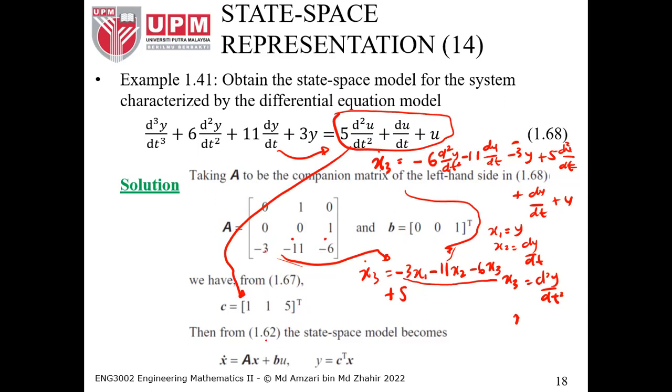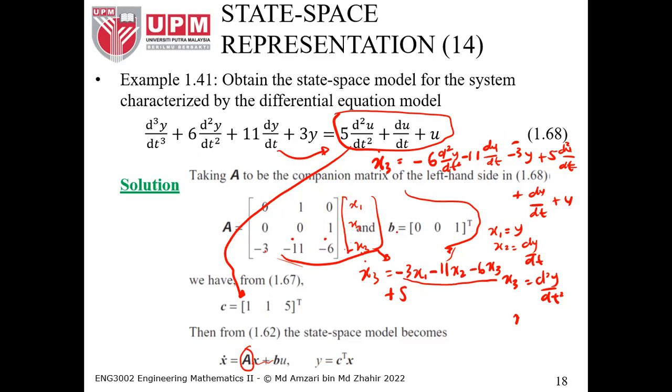So the state space equation will be x dot equals Ax plus Bu, and the other one is y equal to c transpose x. You can see Ax is based on the main equation, with x1, x2 and x3. The first equation will have x1, x2, then the last equation will be this.